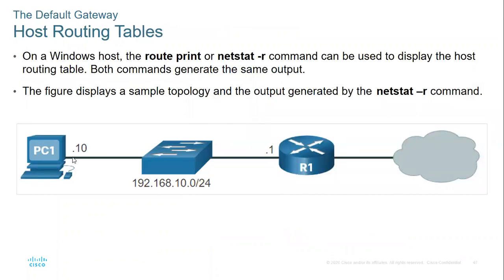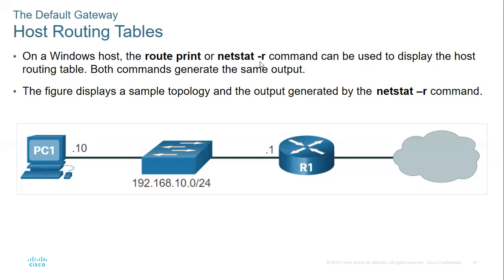The thing is also, there is a table on your PC where routing information is being kept. If you want to see that information, you can just go to the command prompt and type route print, okay, or netstat -r command, okay.